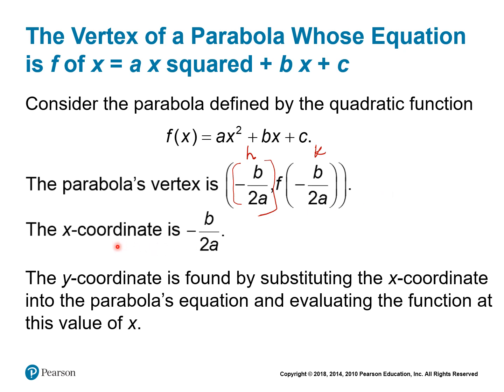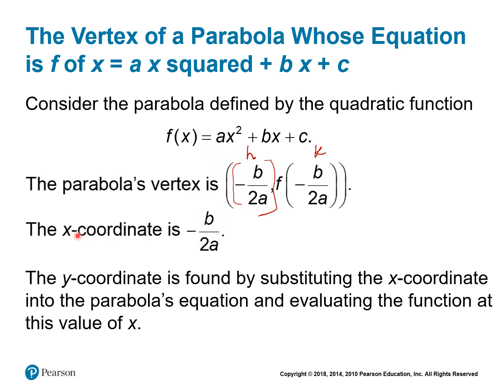So the x coordinate is minus b over 2a. The y coordinate is found by substituting the x coordinate, which in this case is h, into the parabola's equation and evaluating the function at this value, whatever we get for h.